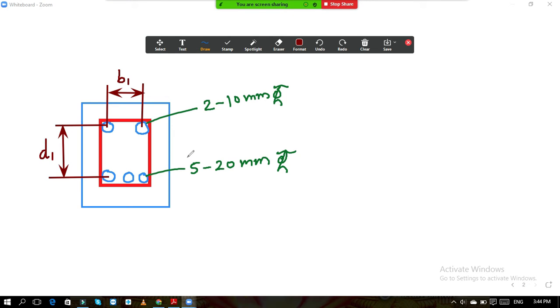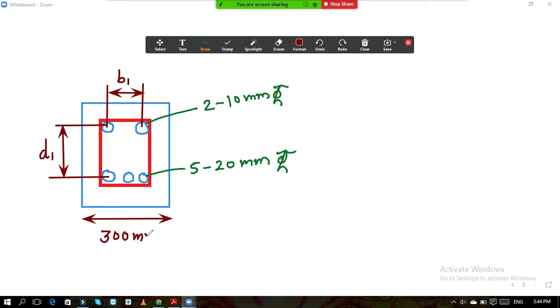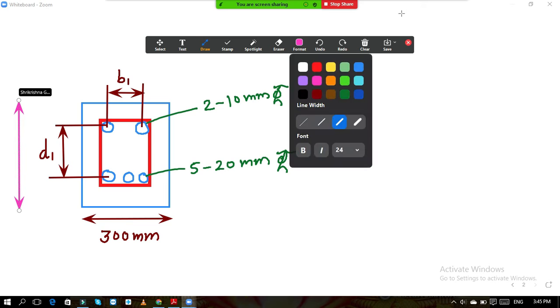So now both the distances we need to calculate. What is the width of our section? This total dimension. Width of our section is 300 mm. And what is the depth of our section? This total depth.